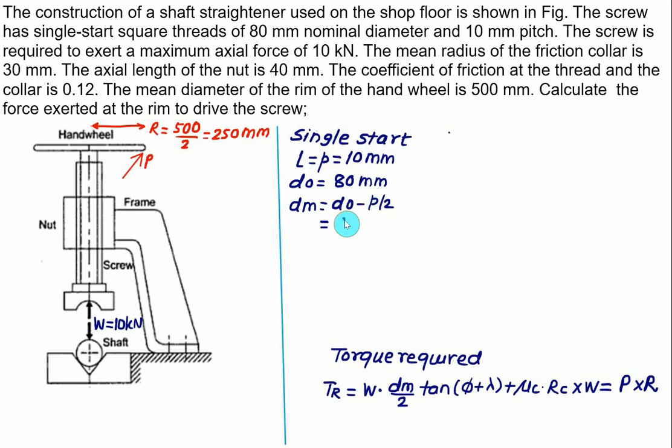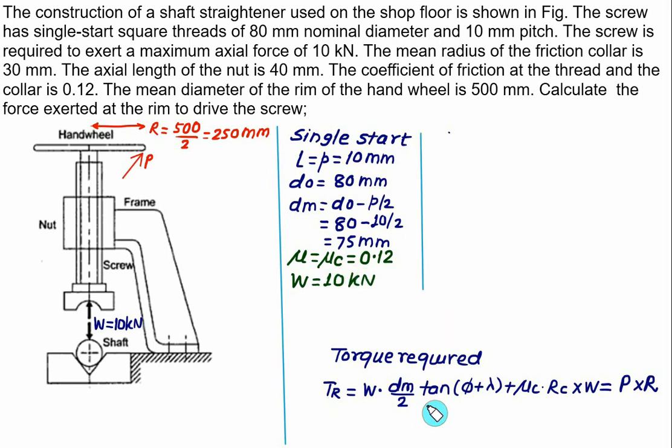Our D0 is equal to 80 and pitch is 10, divided by 2, that is equal to 75 mm. The coefficient of friction mu, as well as the coefficient of friction for the collar, at the thread and collar is 0.12. So this value is given as 0.12. The maximum force that we want to apply is W equal to 10 kN.